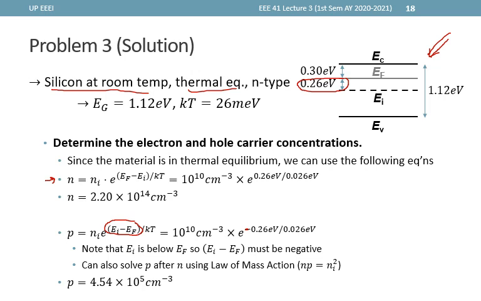However, again, the shortcut is to just use the law of mass action. So P is equal to Ni squared over N. You're less likely to misuse that equation. So we already have a value for N and P.